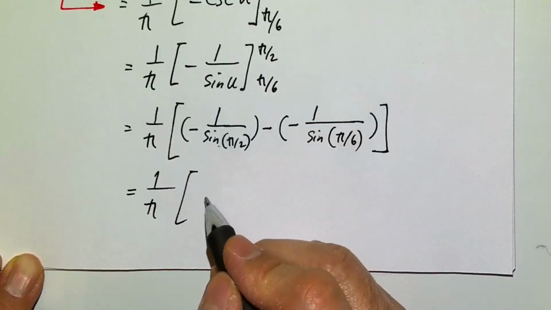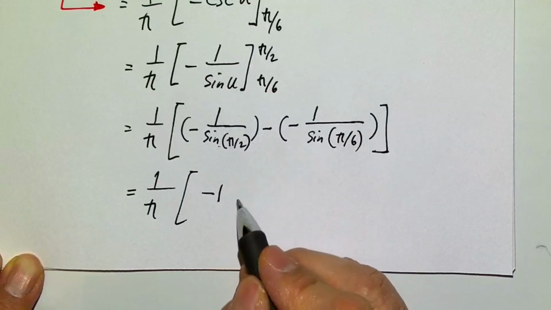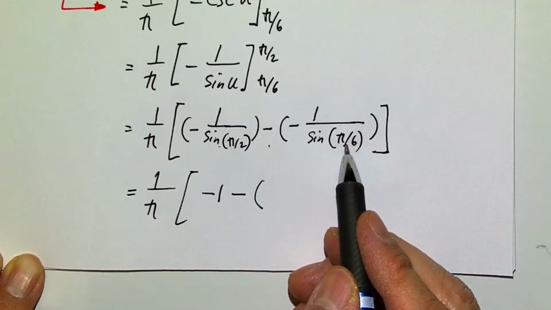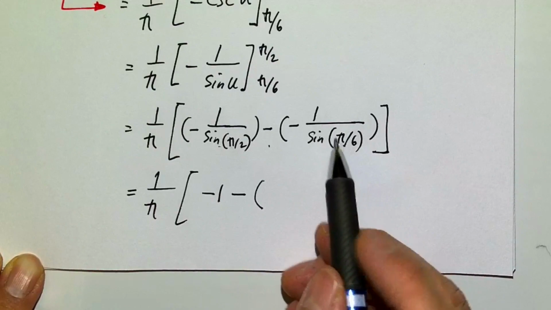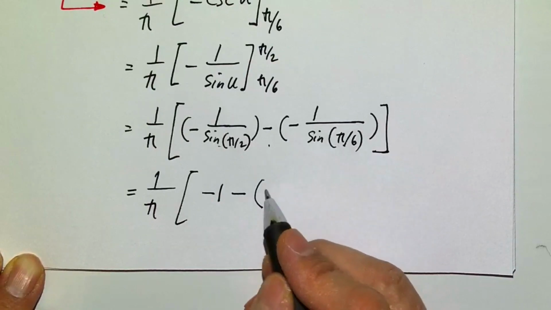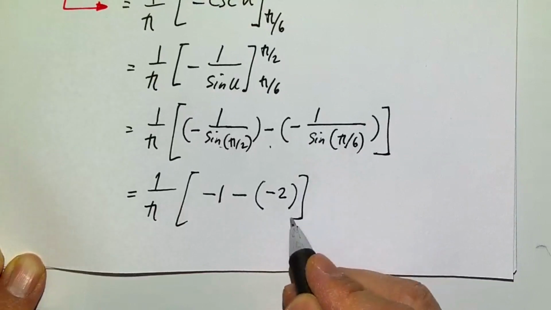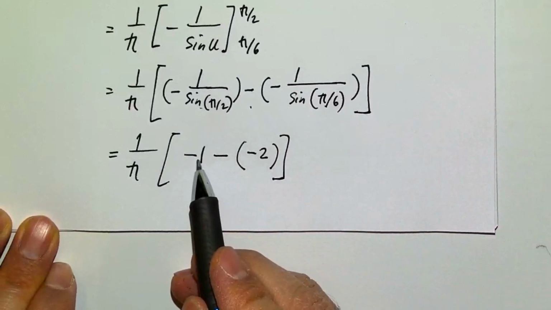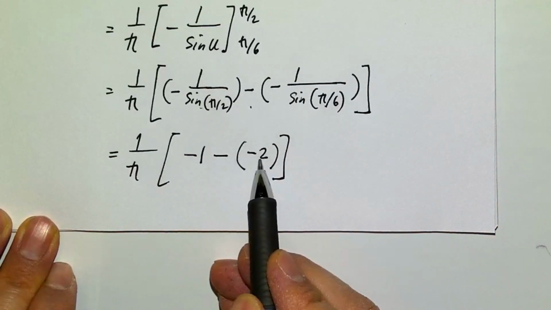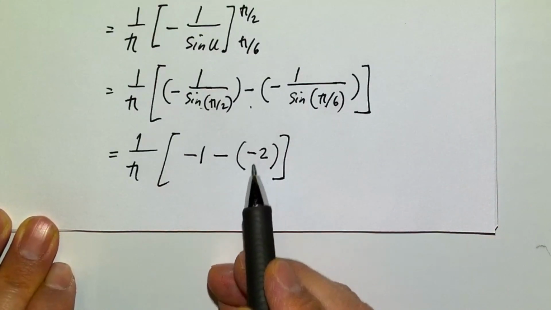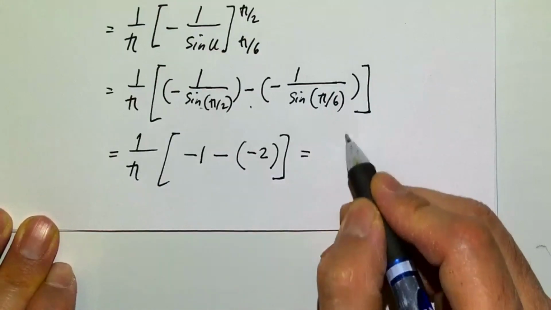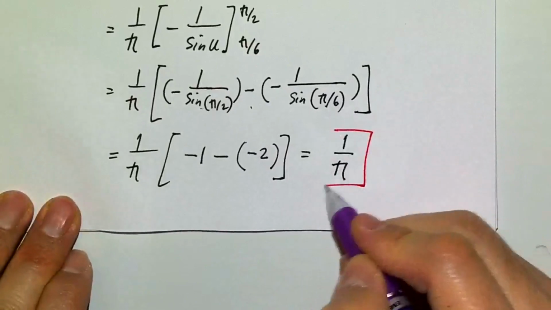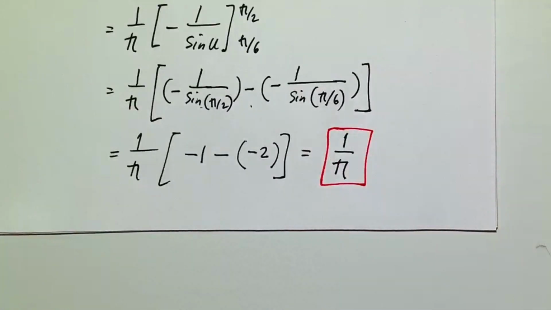So this would be minus 1 in here, then minus here in the middle. Then we have sine of pi over 6 is 1/2. 1 over 1/2 is 2, so we have minus 2 in here. So then we have minus 1 plus 2 is just 1. 1 times 1 over pi is just 1 over pi.